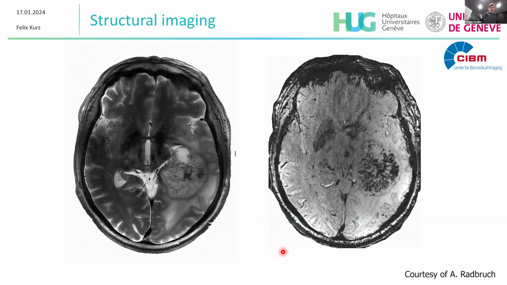So these are 7T images from the Heidelberg scanner that were recorded in 2012, I think. So at the time already you could do more or less good images.